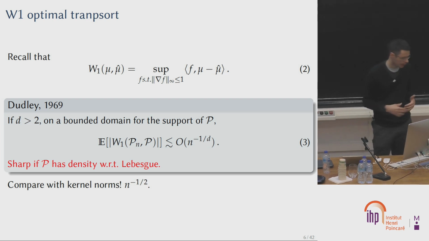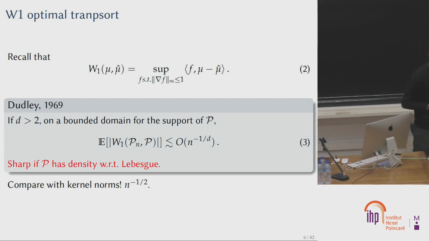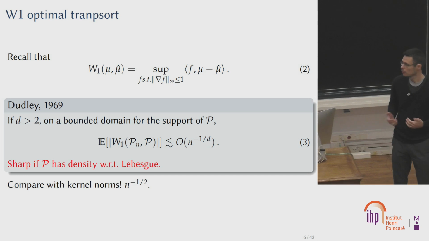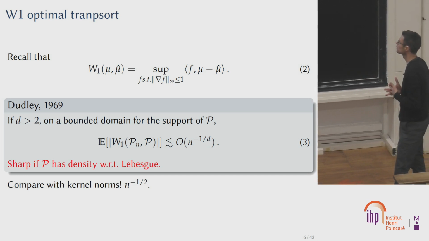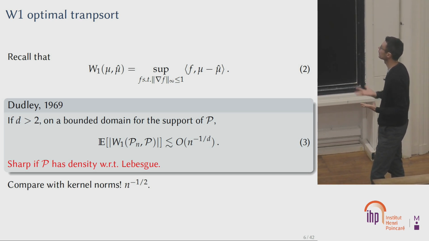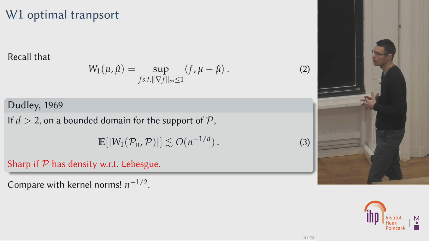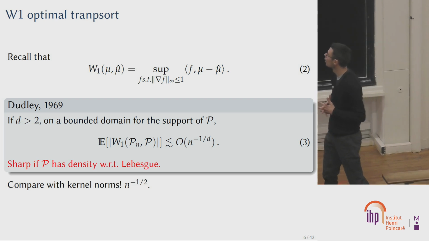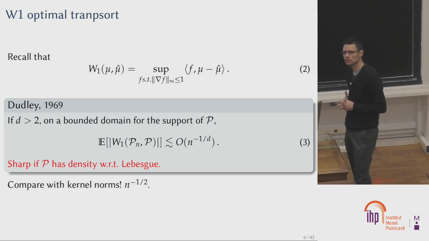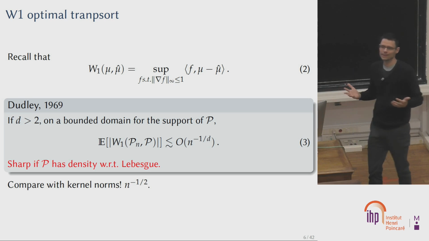Okay, and now look at what happens if I change the space of functions with which I'm going to compare mu and mu hat. I switch from a ball of a reproducing kernel Hilbert space to a ball of Lipschitz functions. Then the class has changed.